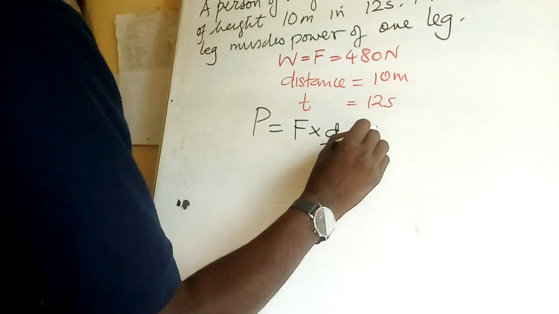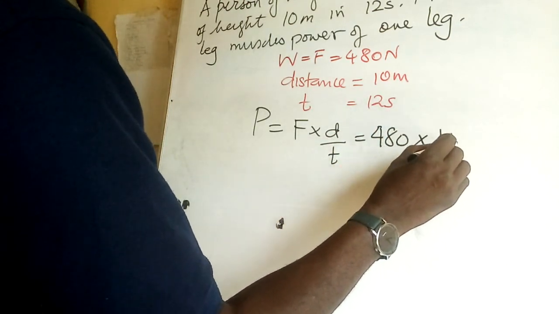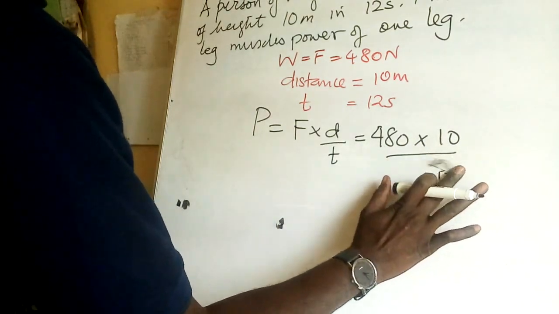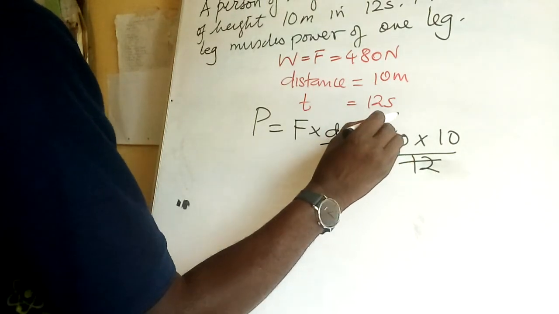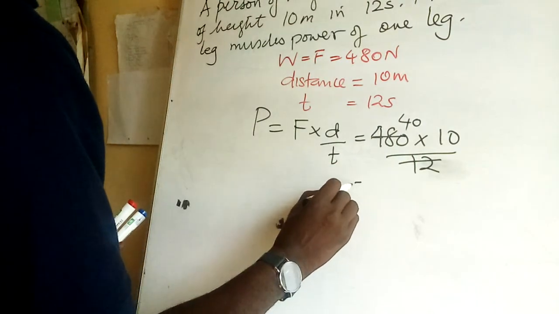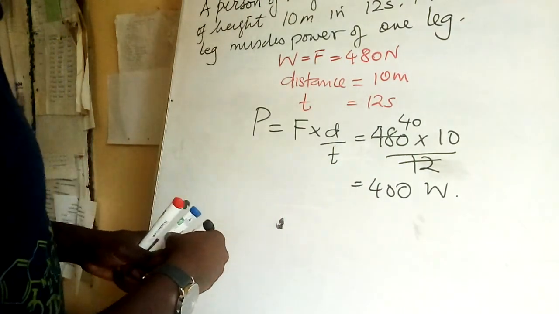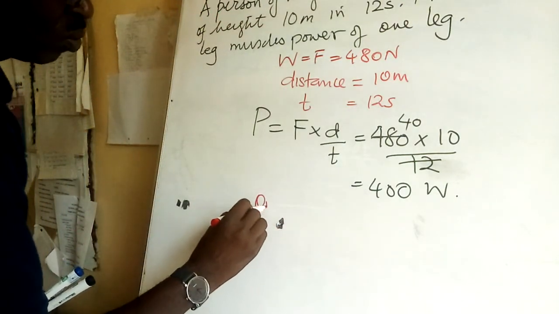Substitute 480 times 10 over 12. This gives me 4, which is 400 watts. Then I finish my question.